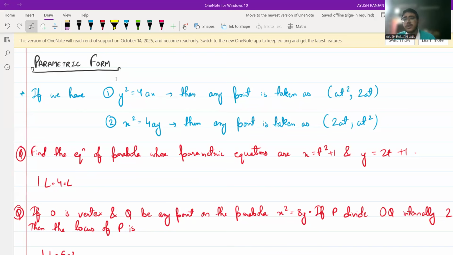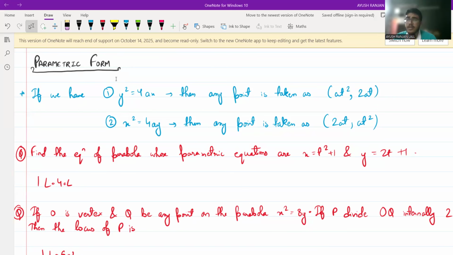Circle is x square plus y square equals a square: put x equals a cos theta, y equals a sin theta. We will use the same for the ellipse and for the hyperbola also. We have used the same in straight lines also.